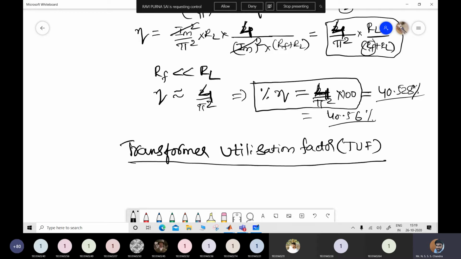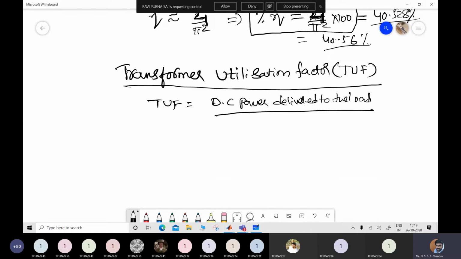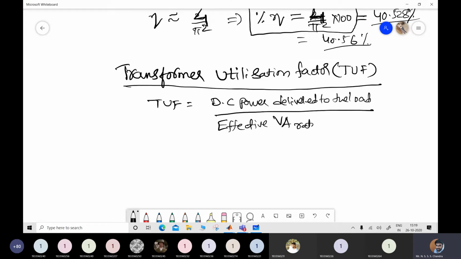So TUF is the ratio of the DC power delivered to the load divided by the effective volt ampere rating of your transformer.